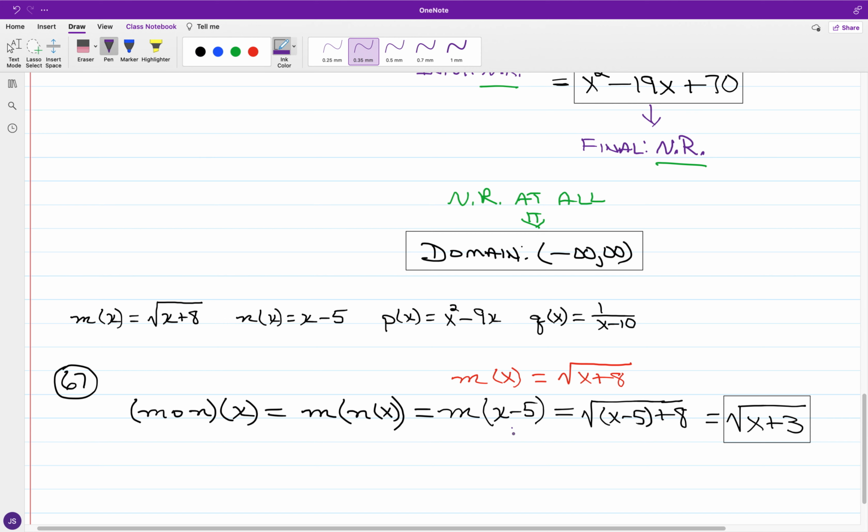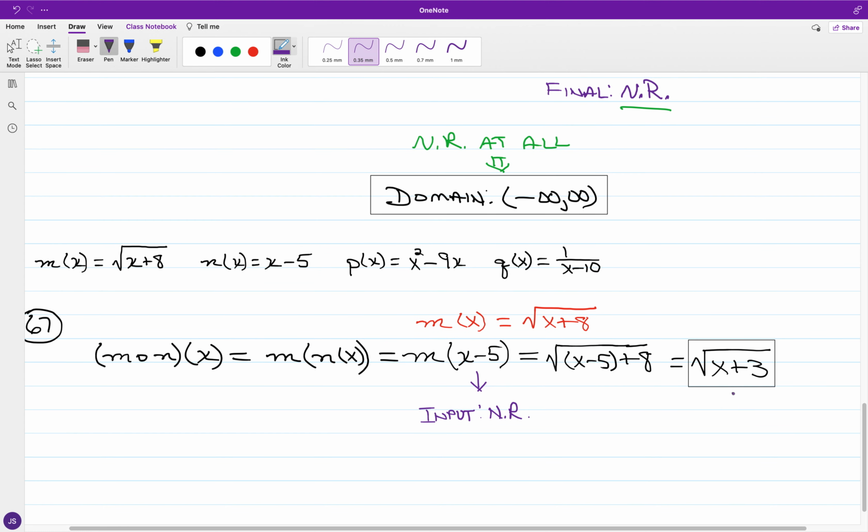Again, for the input, there's no contributing restriction. However, for the final output, we do have the restriction that since we have a square root this time around, before all of our outputs were in direct terms regarding x. Now with the square root of x plus 3, x plus 3 cannot be negative.